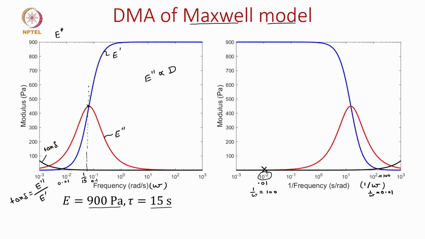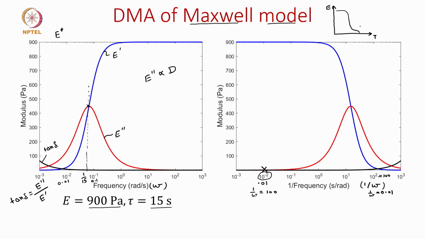The reason why we plot it in this fashion is that we are used to, if you recall, how the modulus changes with temperature. That is where we defined these 5 regimes: the glass regime, the viscoelastic regime, the rubbery as well as the viscous and the degradation. So we are used to seeing the modulus in this fashion.